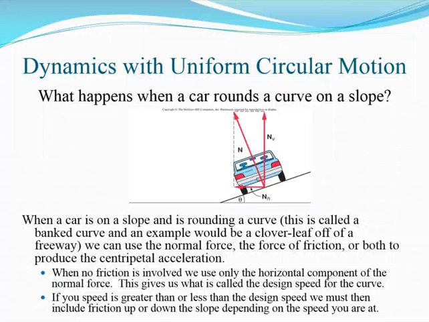That means not only do we have to rely on friction, we have to rely on a component of the normal force in order to create the force that holds us on the curve. If we go too fast or we go too slow, we would go up or down that banked slope, which could be very dangerous. So we have to be absolutely careful about that.